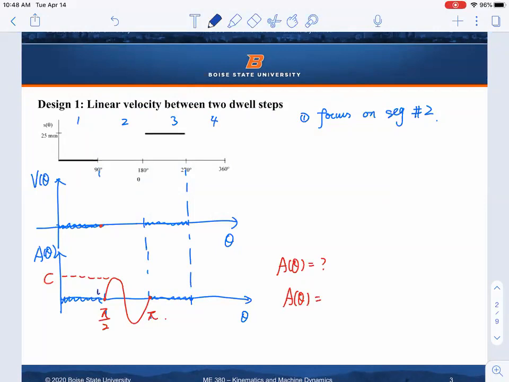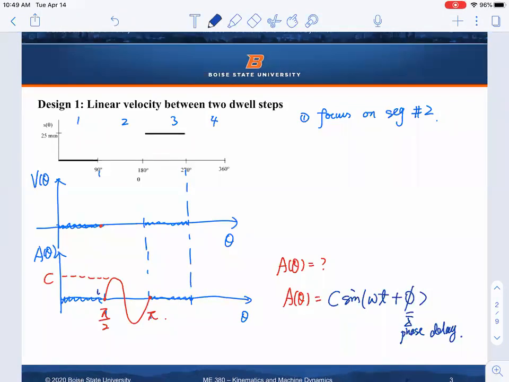So if you want to describe your a theta, it's going to be c times sine of omega t plus some phi. This phi is your phase delay. You need another theta angle to shift this sine wave back and forth along the theta axis.